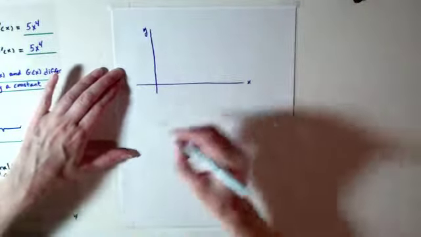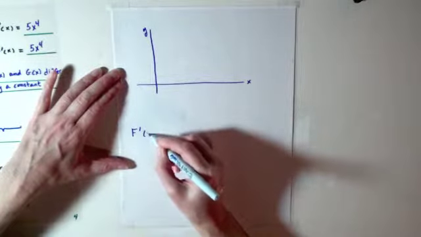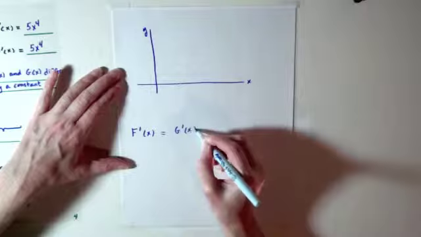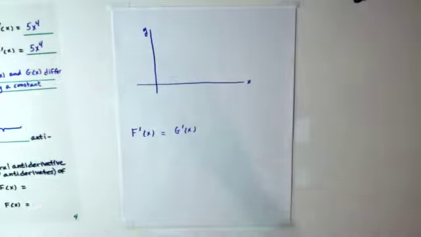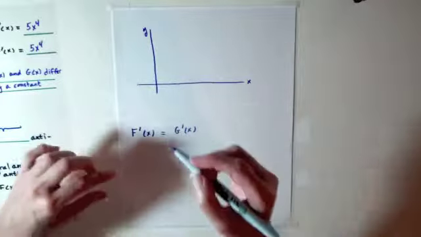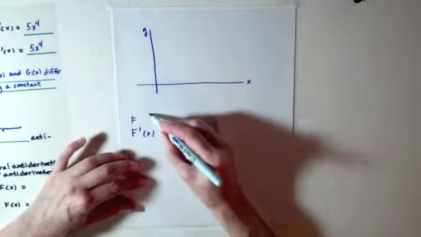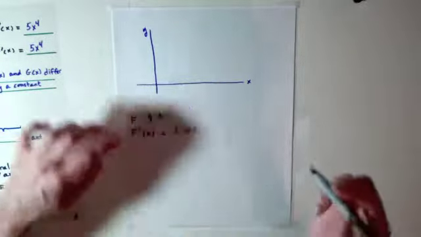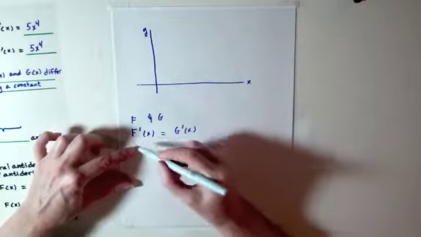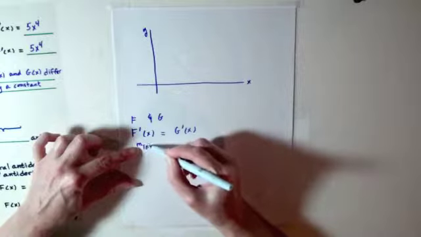what we are really saying is that capital F prime of x and capital G prime of x are the same thing. They're both equal to 5x to the fourth in this case. Well, what does that mean about the graphs of capital F and capital G? Well, it means that at each x value, the slope of the tangent line is the same for both graphs.